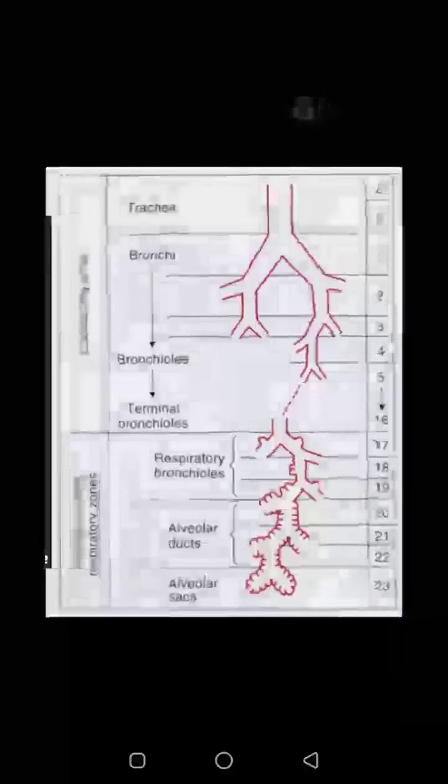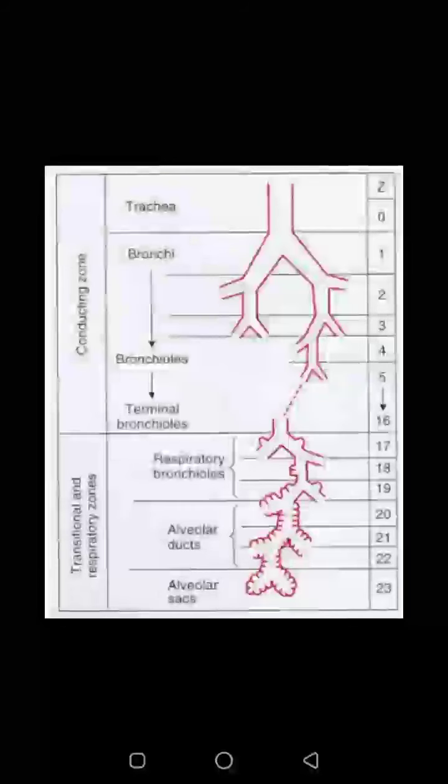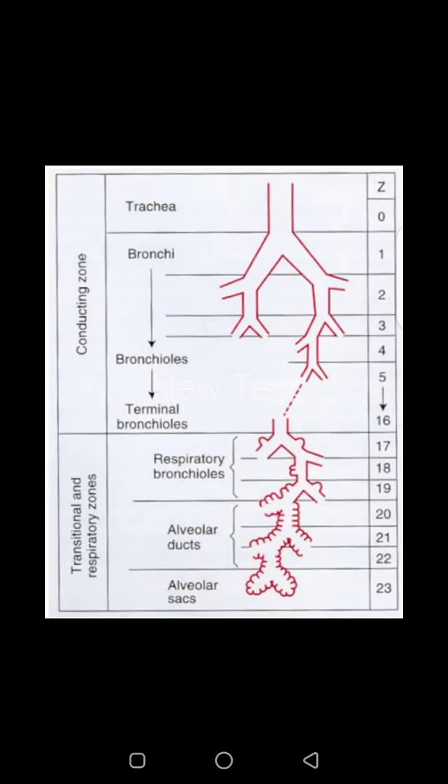dead space. So we need to understand that there's a major distinction between the anatomical dead space and the alveolar dead space. Anatomical dead space is related to the conducting zone, that is, the volume of air in the conducting zone that does not participate in gaseous exchange. Alveolar dead space is the volume of air in the respiratory zone that does not participate in gaseous exchange.